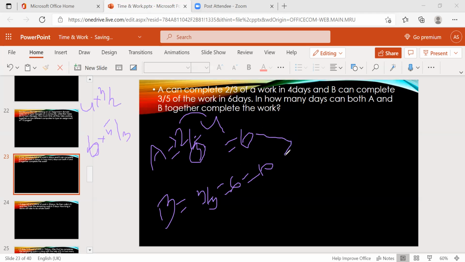So now we know that A is 6 days, B is 10 days. What is the LCM of this? 30, right? So it is 3 and it is 5. So the efficiency of this is this. Together is 8. So 30 by 8. It's nothing but 3, 6 by 8.